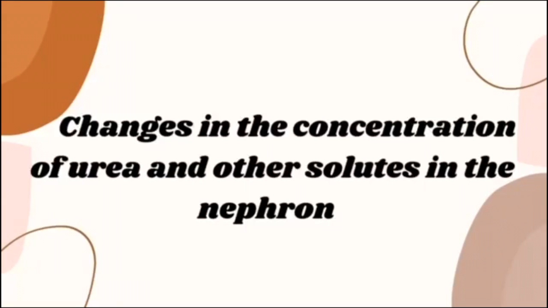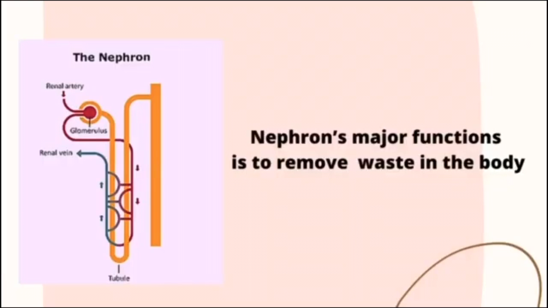Good day everyone. For today's video, I'm going to discuss the changes in the concentration of urea and other solutes in the nephron. One of the nephron's major functions is to remove waste from the body. The nephrons work through a two-step process.